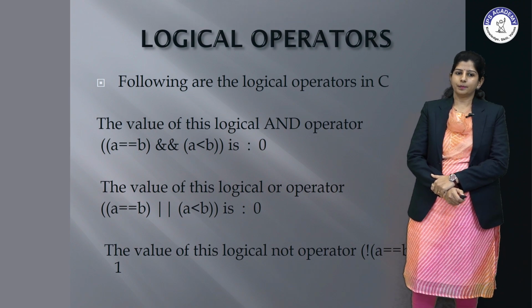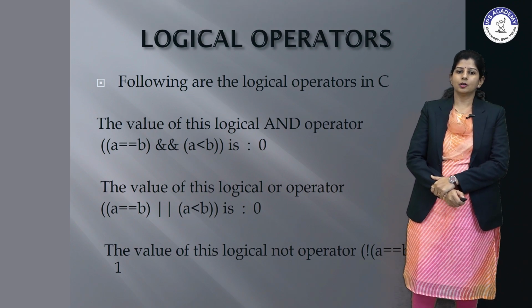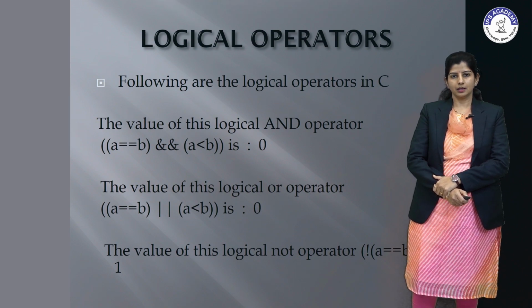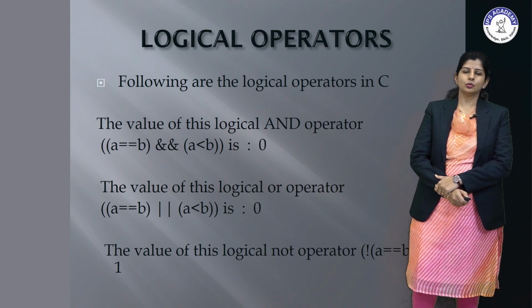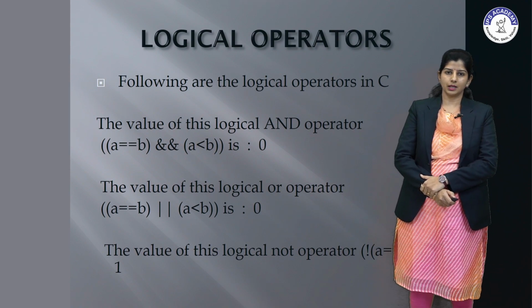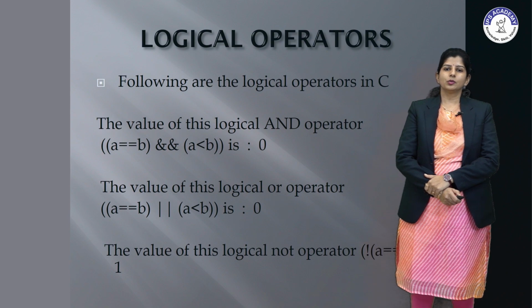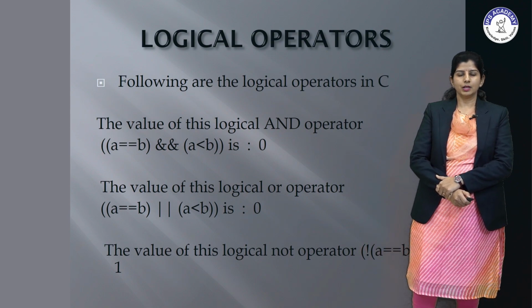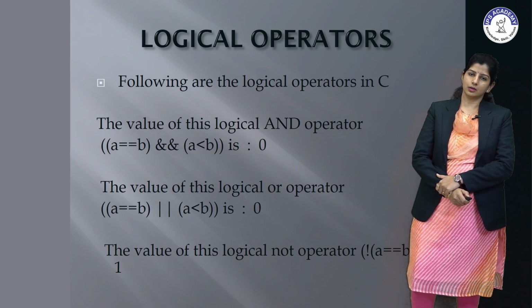Next is our OR operator. The logical OR operator is used in the form of two vertical lines, which we find on our keyboard, and it denotes the logical OR operator.